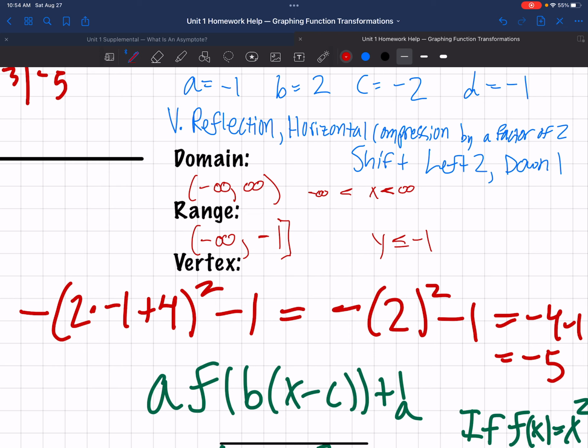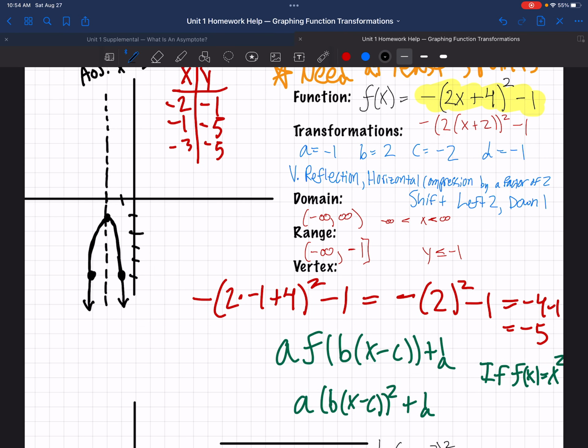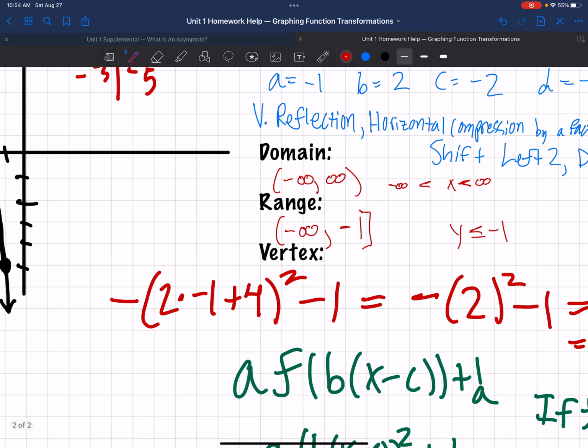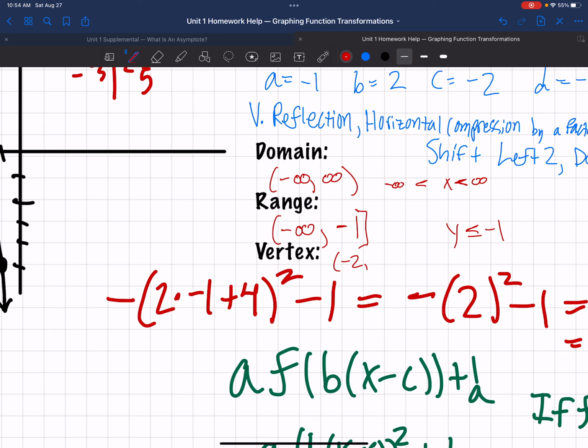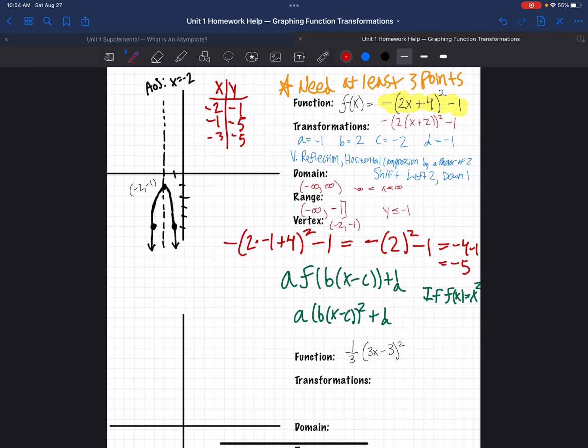Everything below -1, so y is less than or equal to -1. And then my vertex I already found. It said -2, -1. So my vertex is at -2, -1.